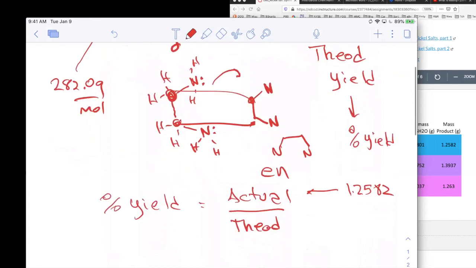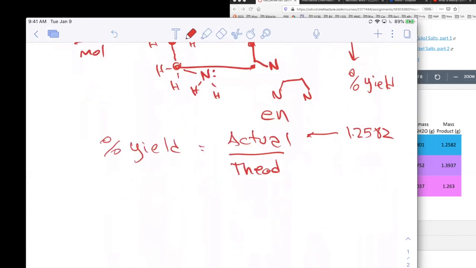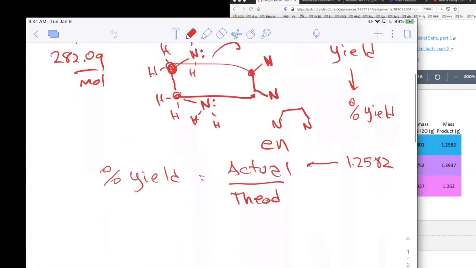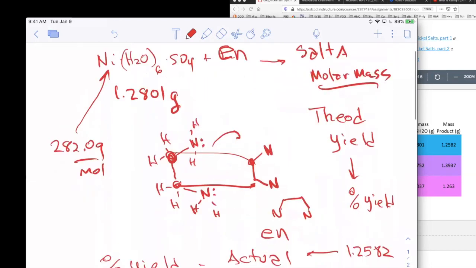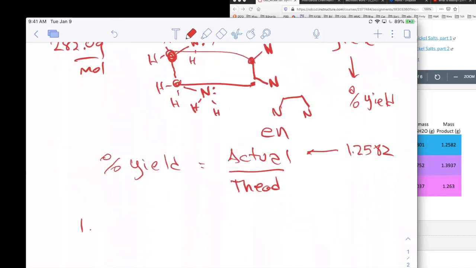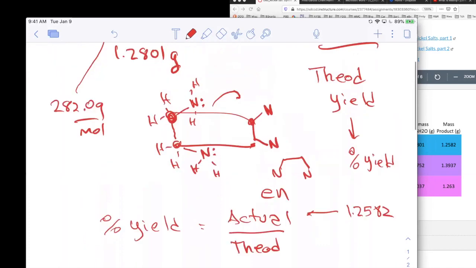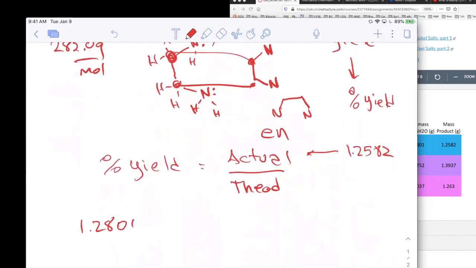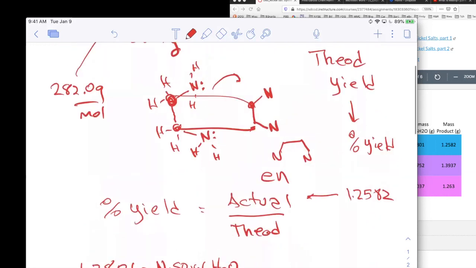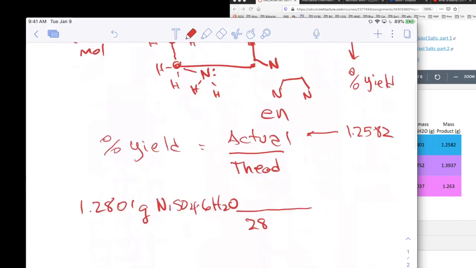So to calculate the theoretical yield, you know that we started out with 1.28 grams of the nickel salt NiSO4 6 waters. And the molar mass for that, we just said, was 282.0 grams per mole. Okay.